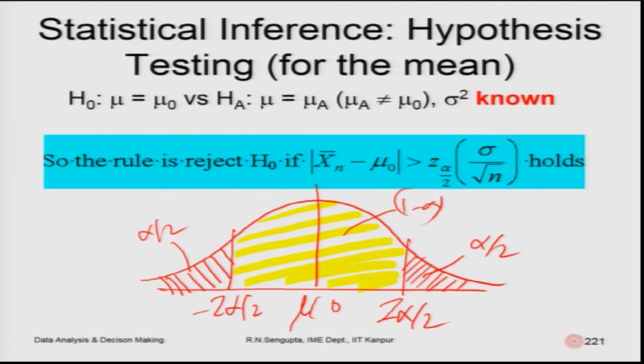Now, see the problem here. Problem means not the problem that we are facing, but how we are able to frame it. In this case, mu is equal to mu naught under H naught, and under H A mu is equal to mu A, but mu A is not equal to mu naught, and sigma square, the population variance, is known. So, in this case you will reject H naught if the sample mean is either on the left hand side or the right hand side, that is, in the complementary set of not being in between.